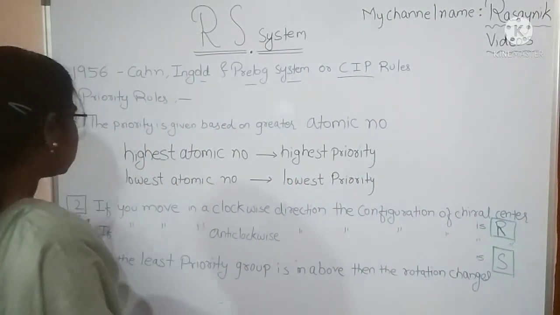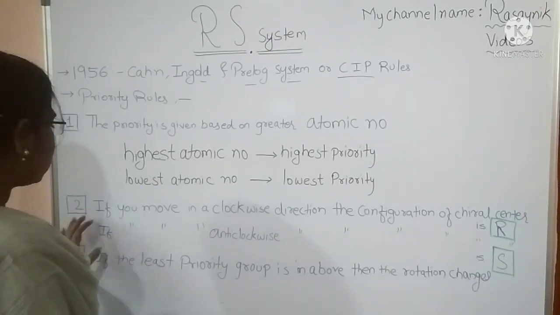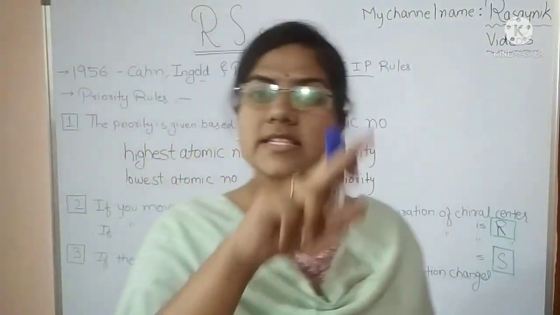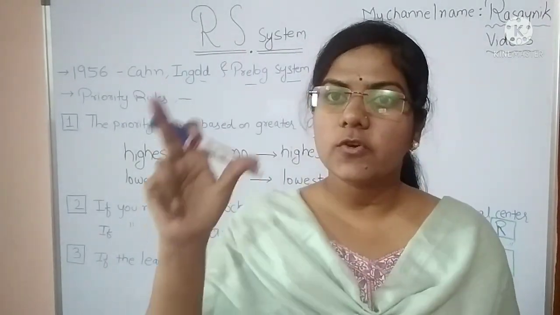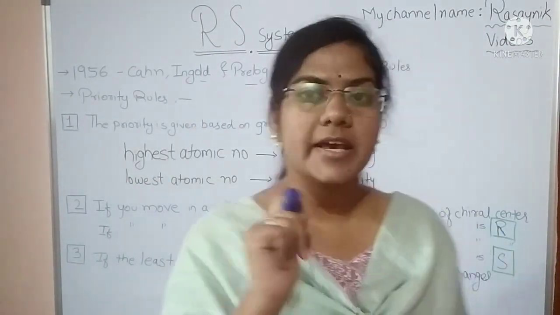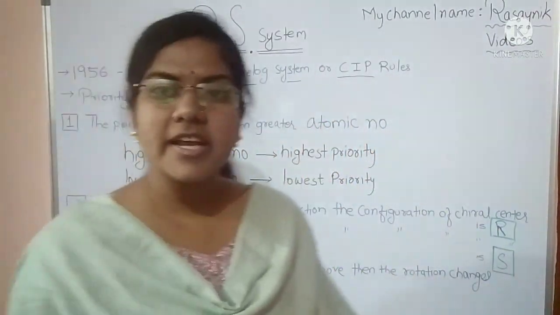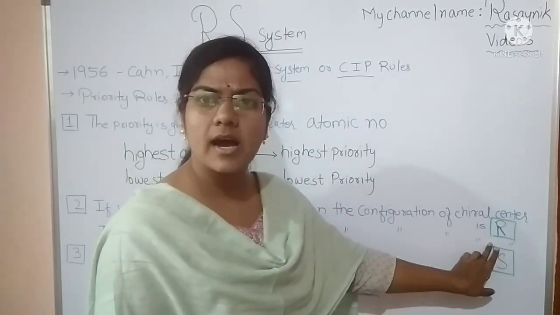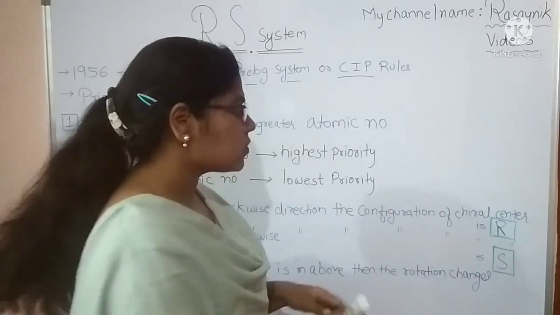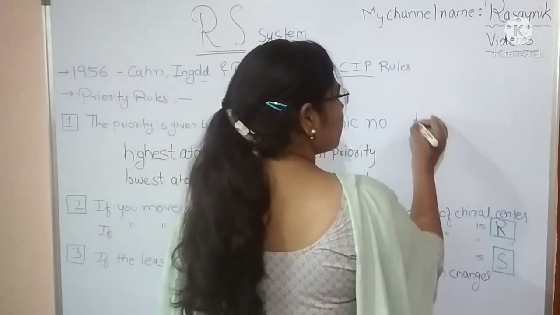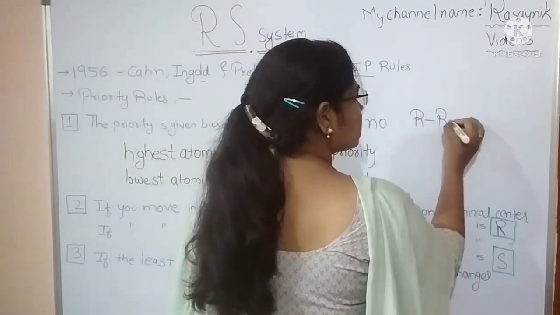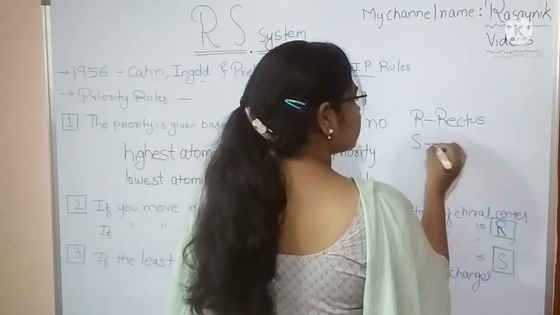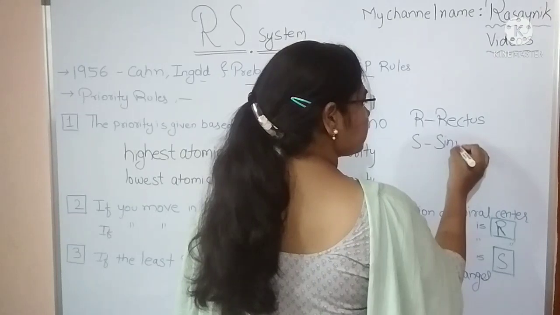Now the second rule: if you move in a clockwise direction, then the configuration of the chiral center is R. What is meant by R and what is meant by S? R means rectus in Latin, and S means sinister.